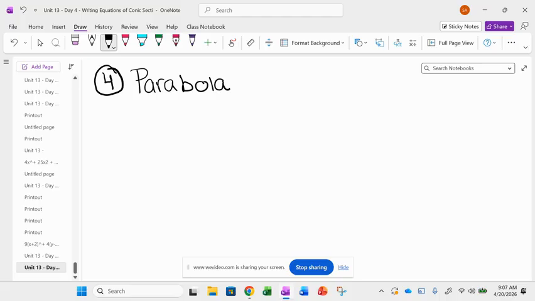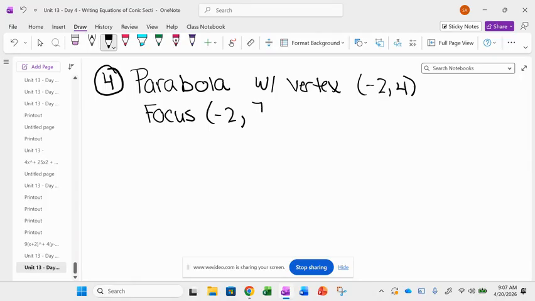So we've done a circle, we've done a hyperbola, we did an ellipse, now we're doing a parabola. So the equation of a parabola with vertex -2, 4 and focus -2, comma 7/2. So we can't forget about the parabola.